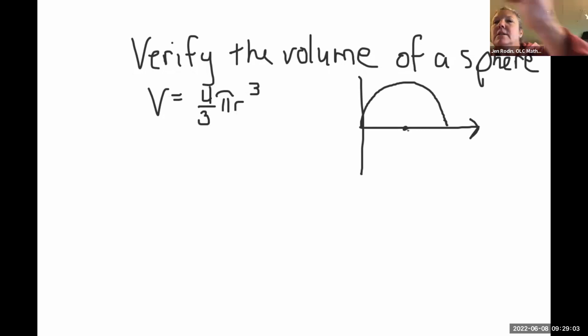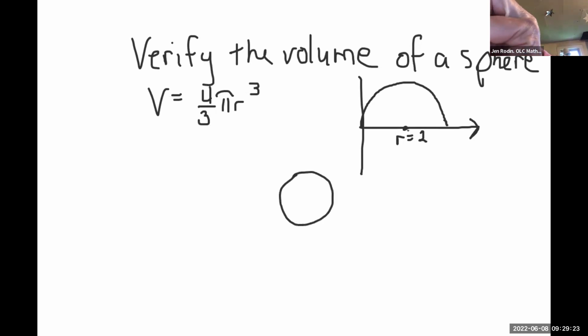Let's have the radius equal to, so if it was a full circle equation, if the radius is 2. I'm making it harder than it had to be.